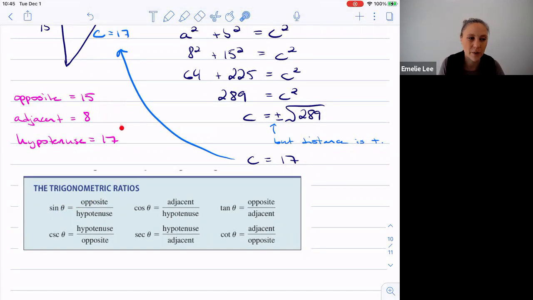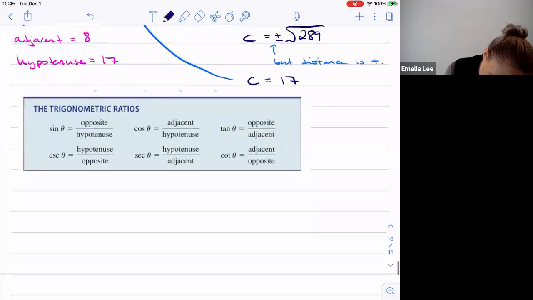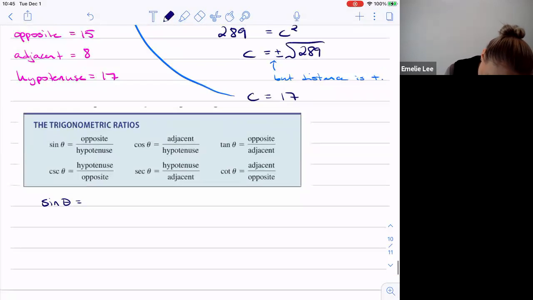Now I can say sine theta must be, and I'm just pulling these numbers from up here, filling them in. You can SOHCAHTOA your way through the first three, and then just reverse them for the last three. Opposite over hypotenuse, so we can do all 6 really quickly. Sine theta is 15 over 17.